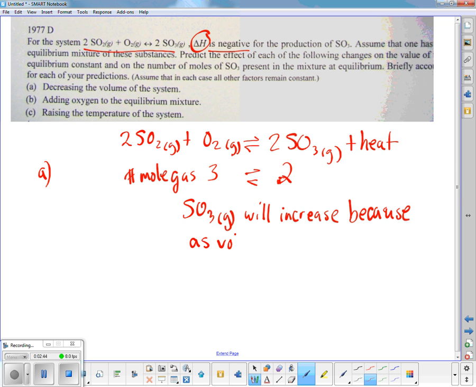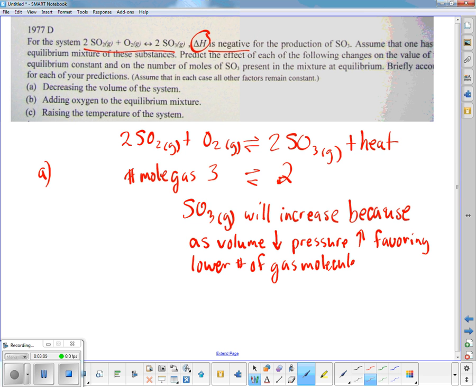As volume goes down, pressure goes up, favoring lower number of gas molecules. Right? Keq does not change.